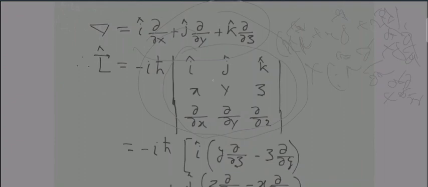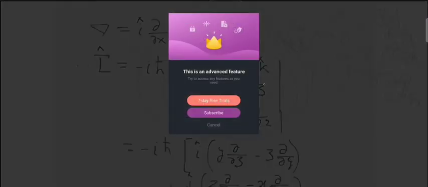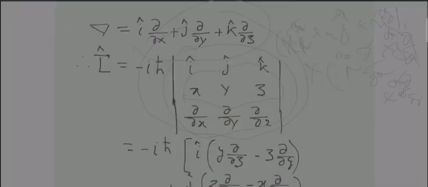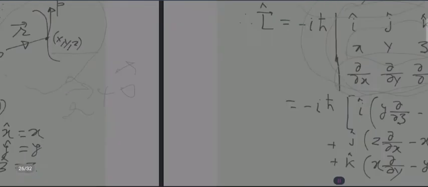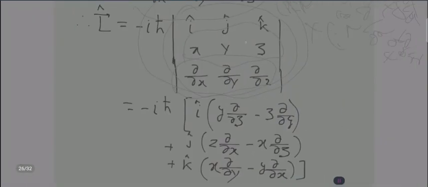As r hat is first in the cross product, the r hat terms will come over here, and as del is afterwards in the order of multiplication, you will get something like this. Sorry for some disturbance in between.